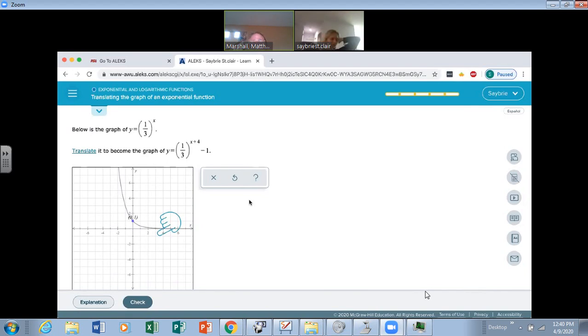So what that means, if you're looking at that -1 for that bottom equation, that means you're taking that graph and you're moving it down 1 on the y-axis. And then that x plus 4 means you're moving it 4 boxes to the right. So the first thing I would do is take that and try to move it down 1 box. You drag that down 1 box right there.